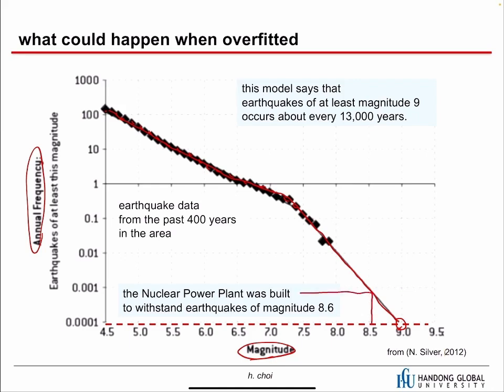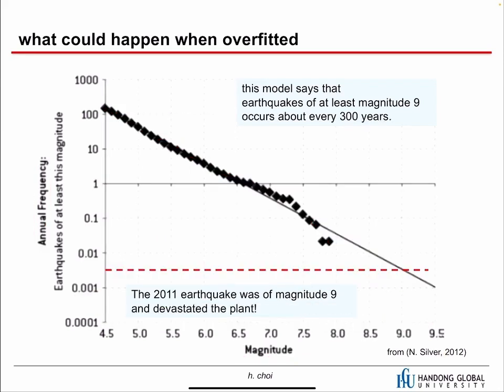Let's draw a line. Let's say this one is 0.005, which means magnitude 8.6 will occur about every 200 years. That's what they did. But the 2011 earthquake was magnitude 9, and that devastated the plant.